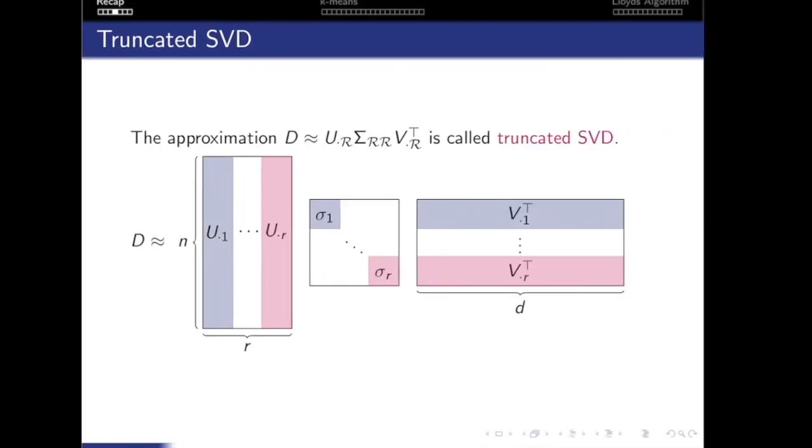And then we had this scheme: the data matrix, which is n times d, approximated by the product of these three matrices, the diagonal matrix with the highest singular values on the diagonal and the corresponding R singular vectors on the left and on the right.